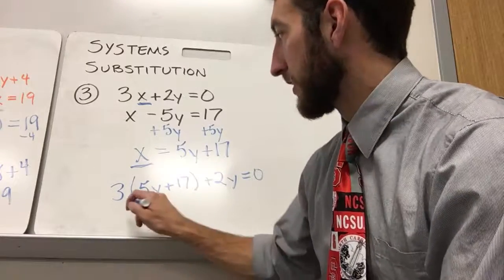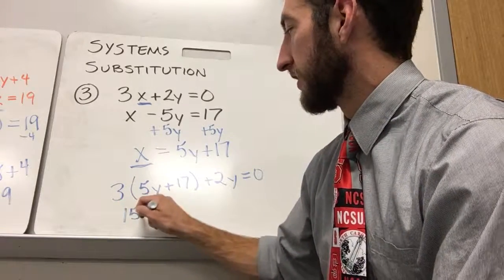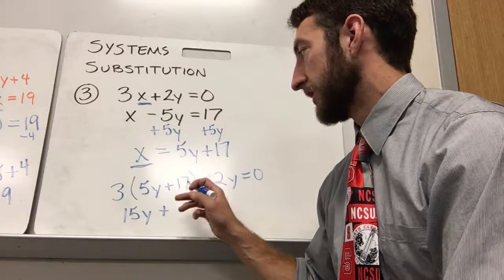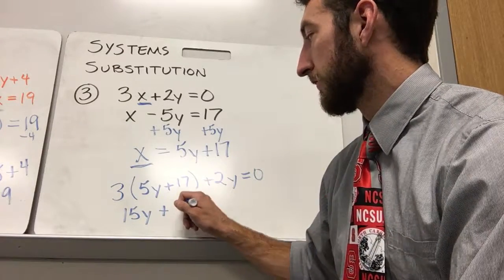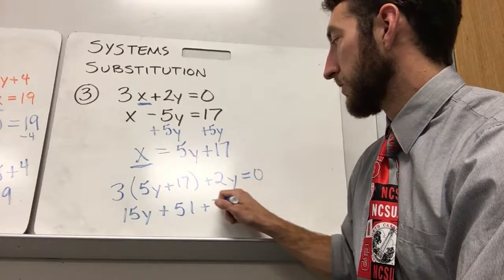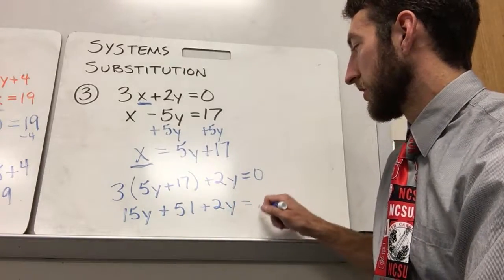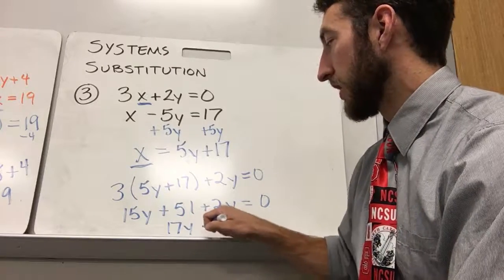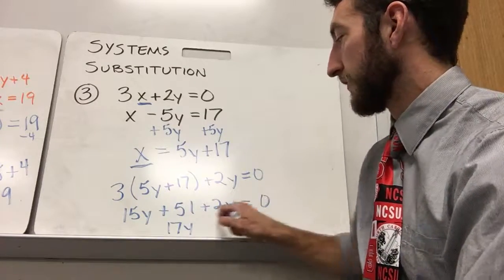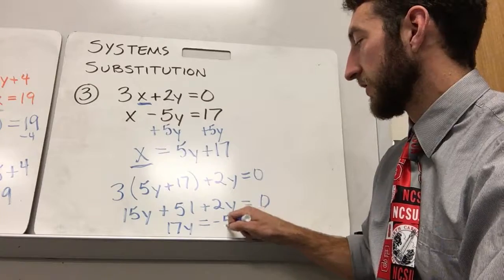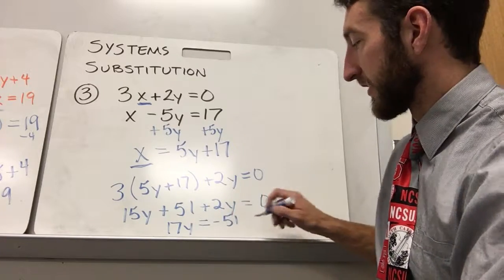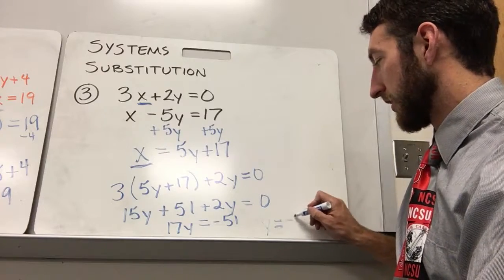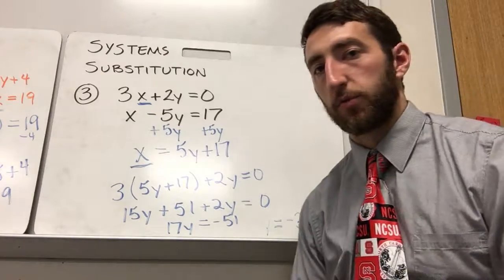I distribute my 3, which gives me 15y plus 3 times 17, that's 51, plus 2y equals 0. Combine my like terms, so that's 17y. I'm going to subtract 51 from both sides, which gives me negative 51. Divide both sides by 17, so y equals negative 3.